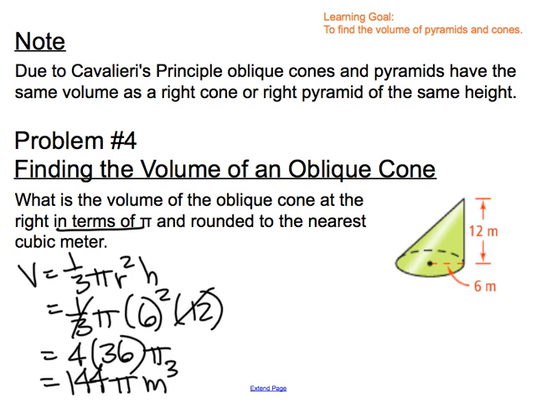So that's our answer in terms of pi. If we want this rounded to the nearest cubic meter, we just multiply by pi using our calculator. And we find that this is about 452 cubic meters.